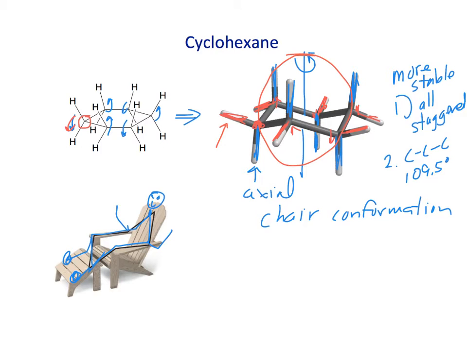They would go around the middle of the Earth. They'd go around the equator. These are called equatorial bonds. All right, so cyclohexane has 2 types of bonds: axial bonds that go straight up and straight down as long as this ring is horizontal, and equatorial bonds that stick out around the sides.